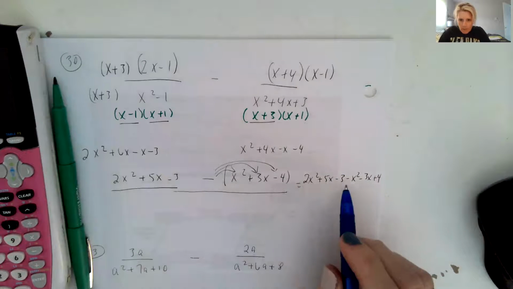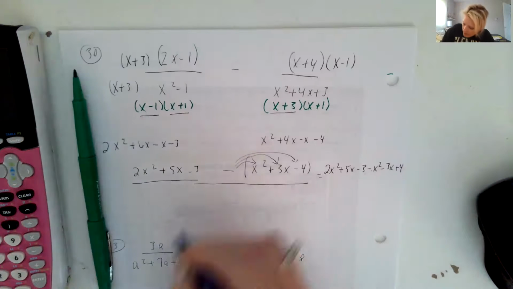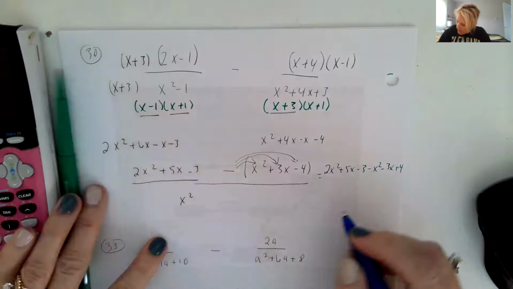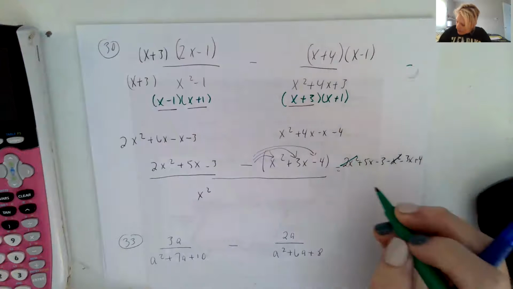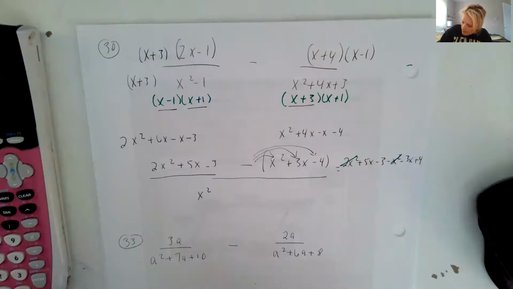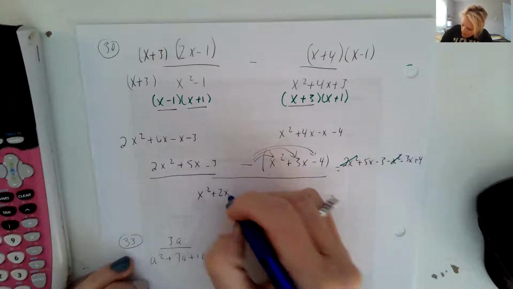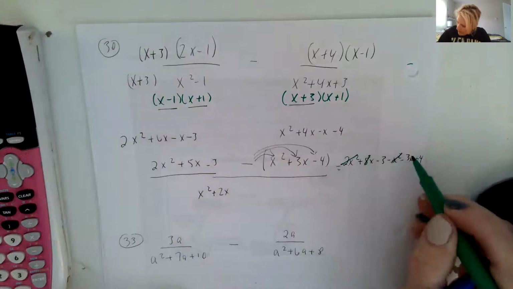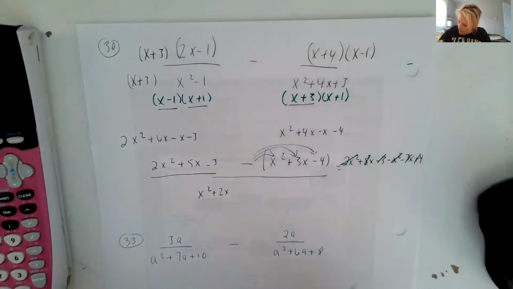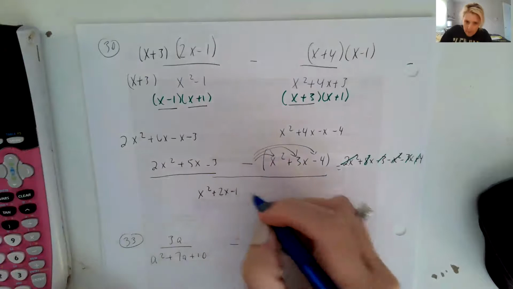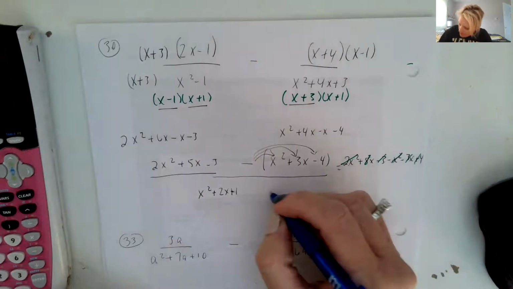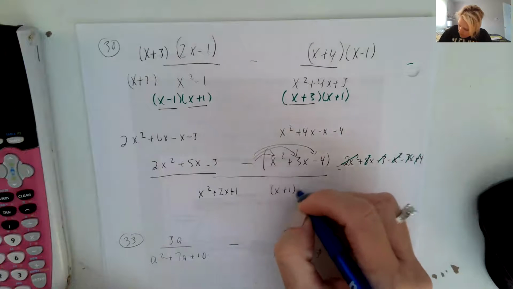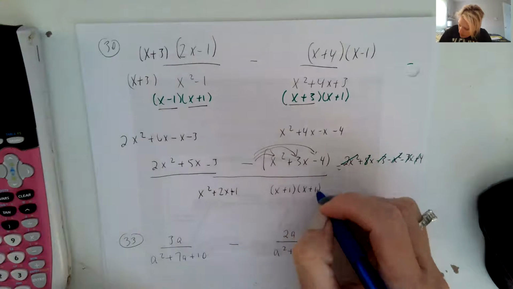So we have 2x squared minus x squared is just an x squared. That's after we combine the like terms. Then we have a plus 5x and minus 3x is a plus 2x. And then we have a minus 3 and a plus 4, so a plus 1. So we really have x plus 1 times x plus 1.